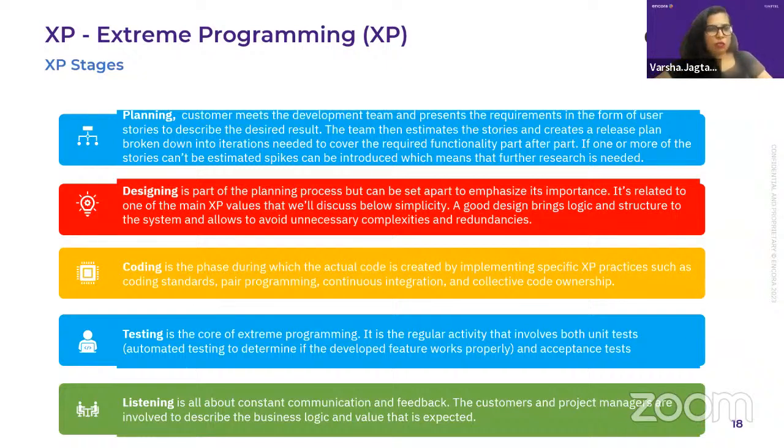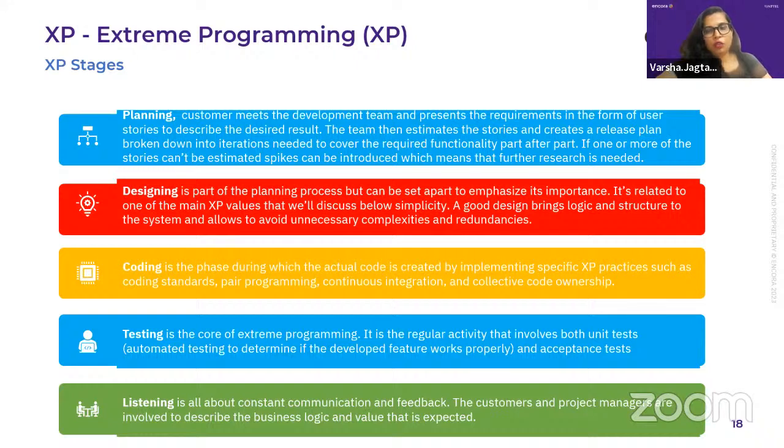XP stages, I would say, are not very different from Scrum, but I would highlight where exactly it is different. In the planning phase, the customer meets the development team and presents the requirement in the form of user stories to describe the desired result. The team then estimates the stories and creates a release plan broken down into iterations needed to cover the required functionality.